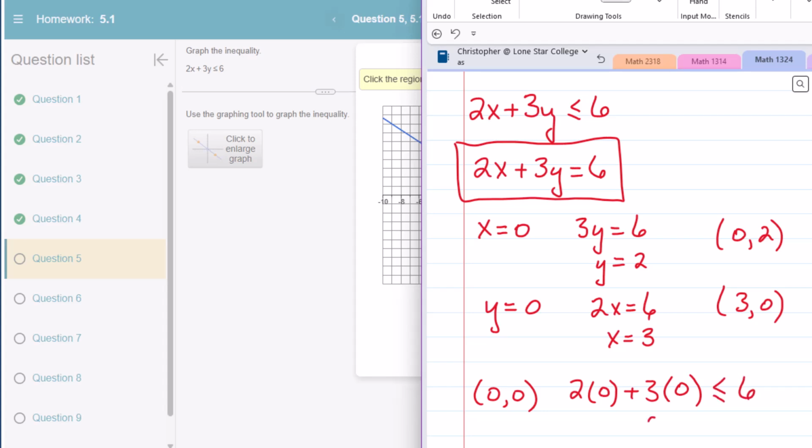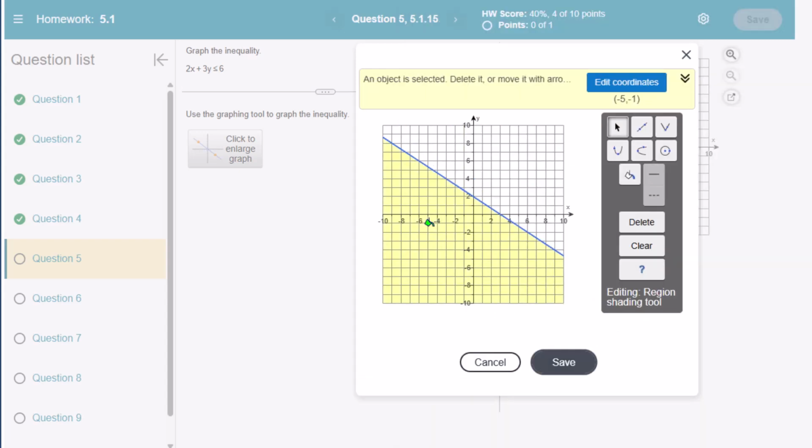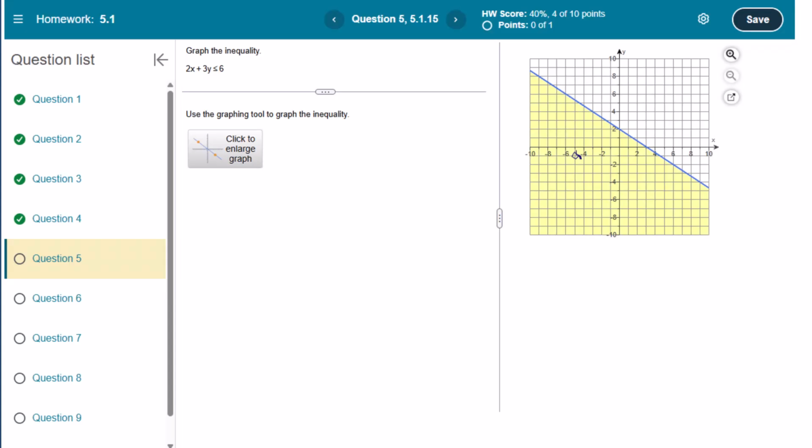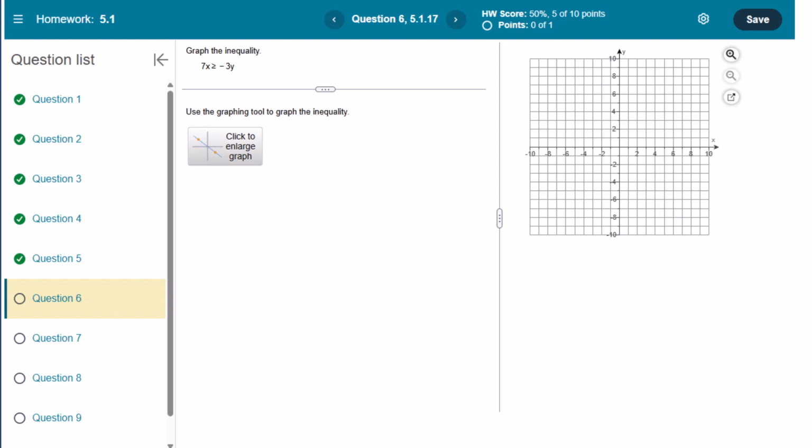Well, that's all just 0. So is 0 smaller than 6? That answer is yes. So that does work. Come back to my graph, shade that and save it. And is the problem happy? And it is.